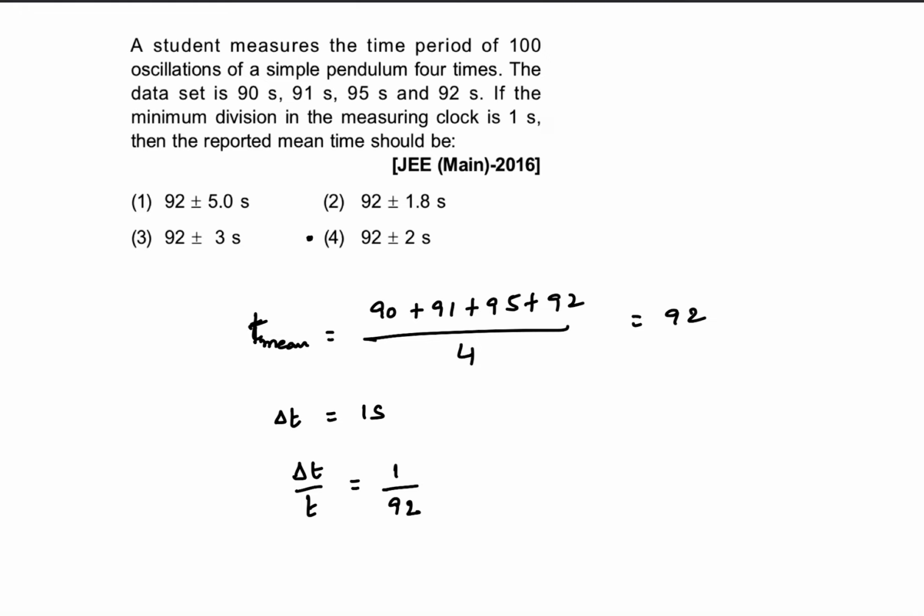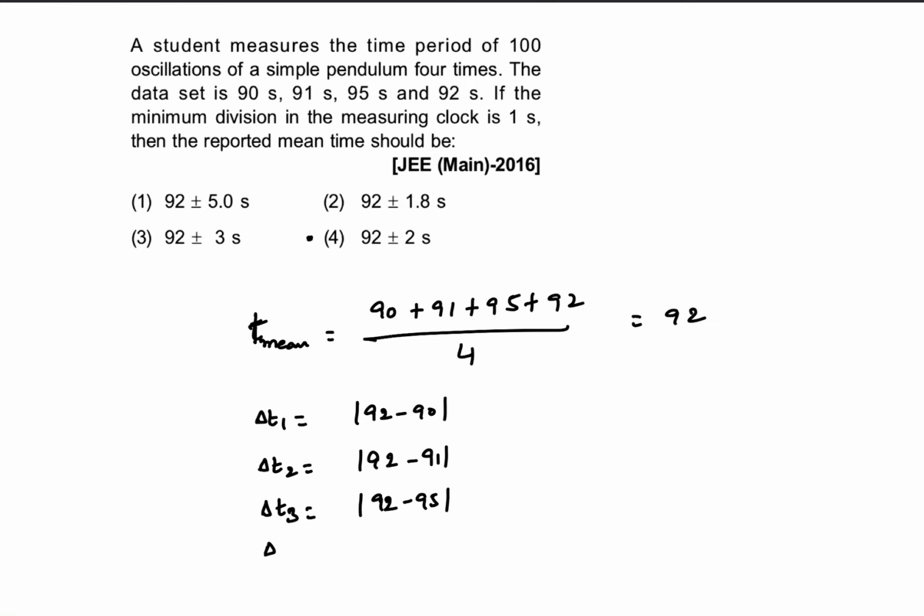Now you need to calculate the reported mean time, they are asking. Measuring clock they have given now. You need to calculate the mean value. Okay, they are not asking this actually. They are asking the mean value. Just calculate the mean value. In the first case, delta t1 value is the magnitude of 92 minus 90.